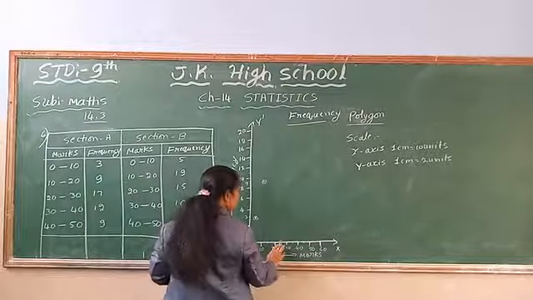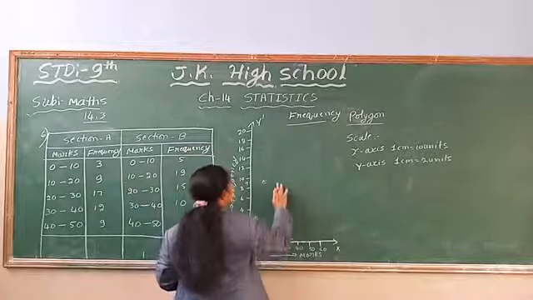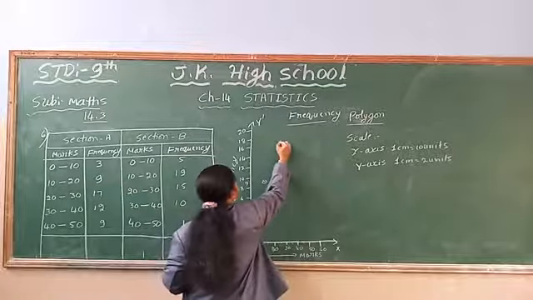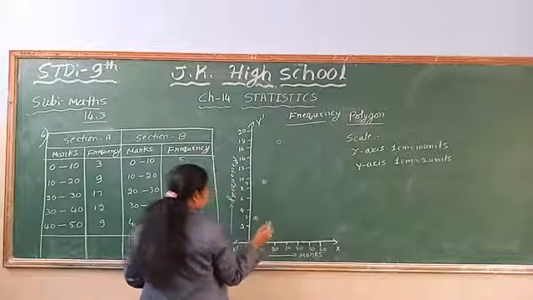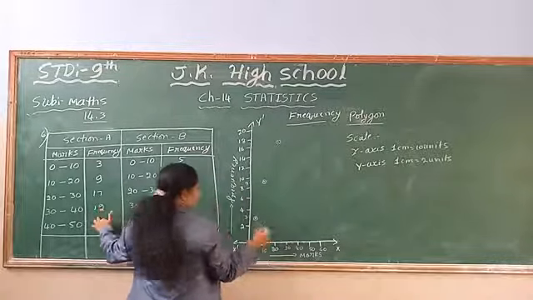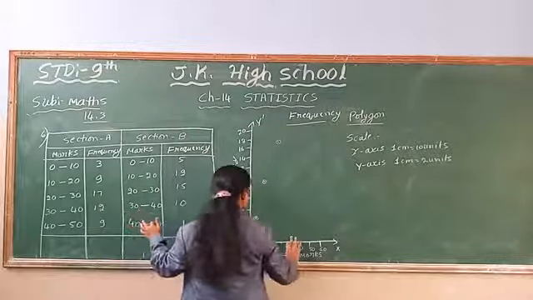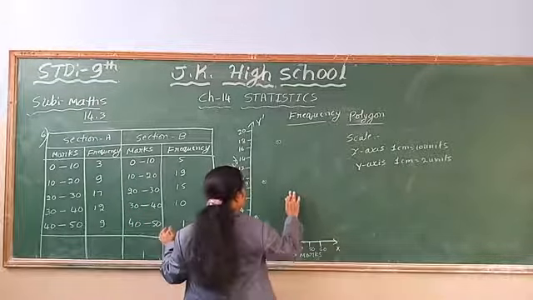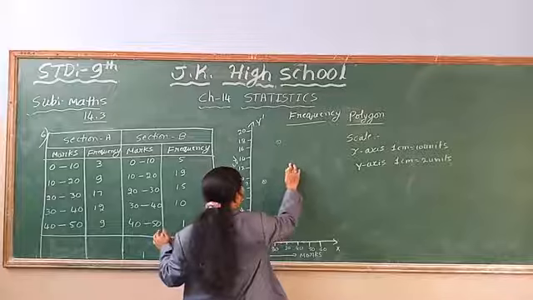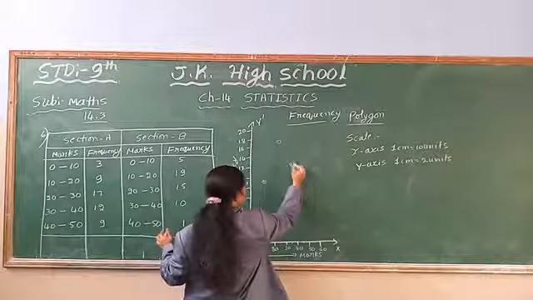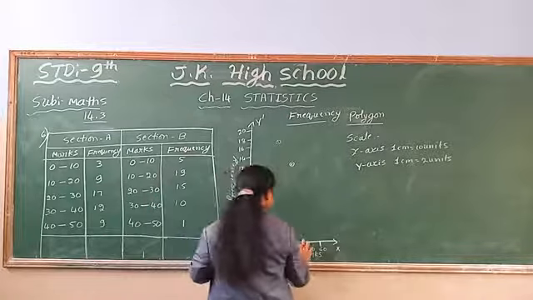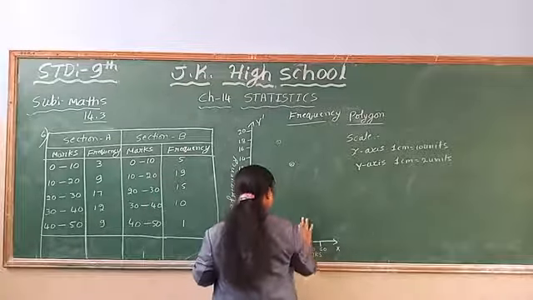The midpoint you have to consider and mark. 17 is here. Then 30 to 40, the midpoint is this, and 12. Then 40 to 50, 9.